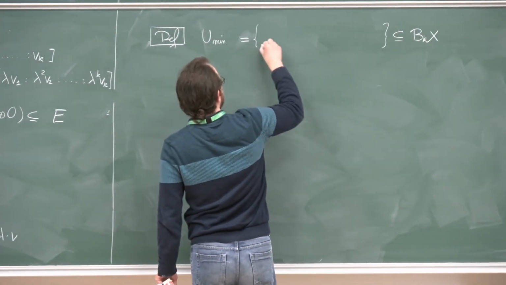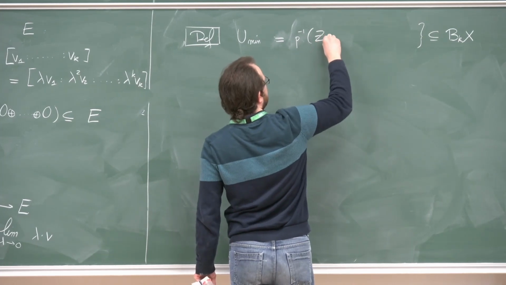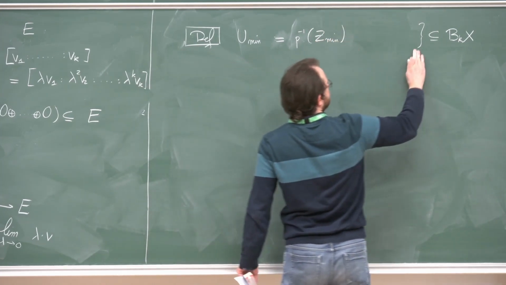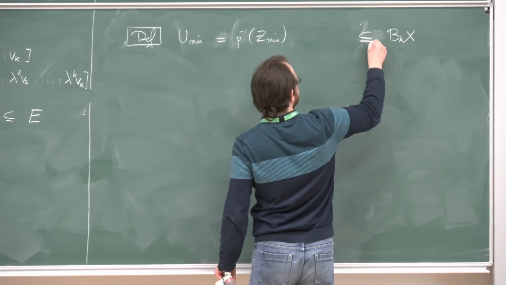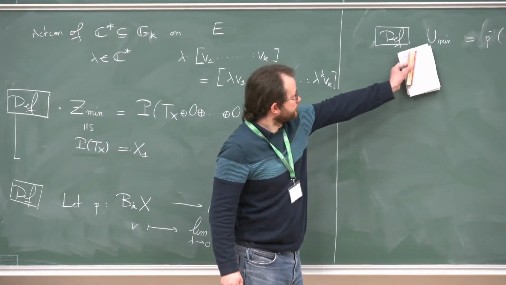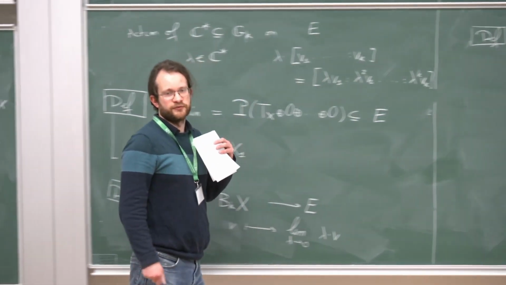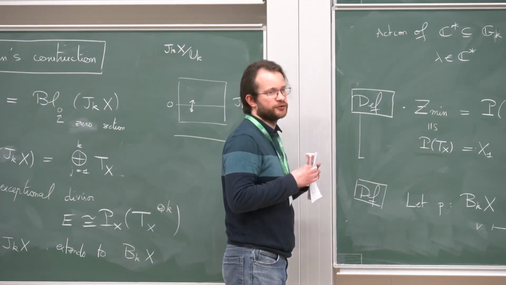Well, this is the set of points, so it's simply the inverse image of Z_min inside B_K X. And this is the open set which will turn out to admit a geometric quotient by the action of the reparametrization group, or at least its unipotent radical.